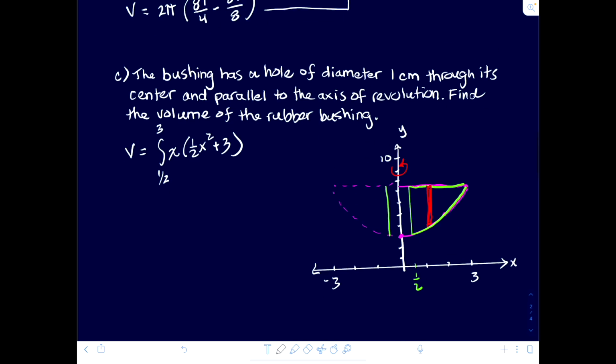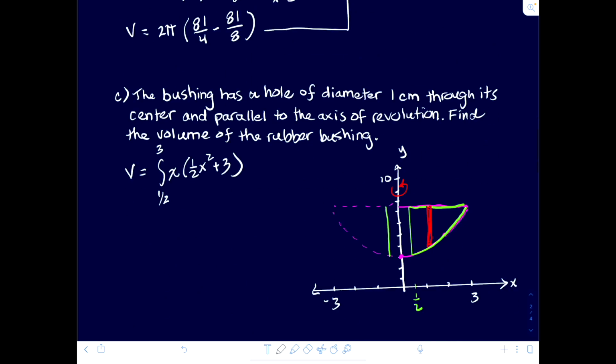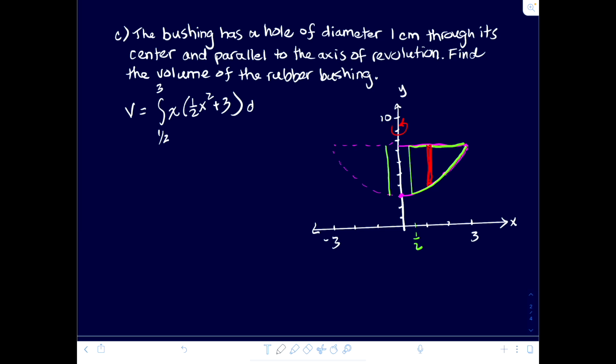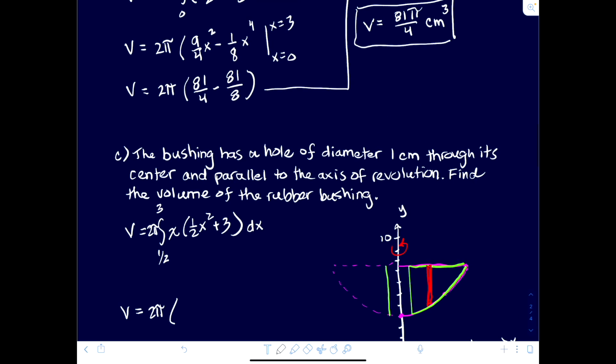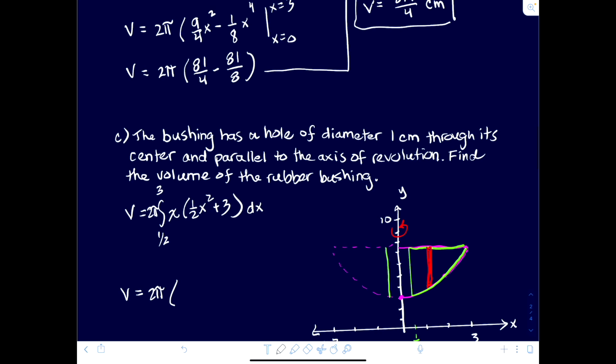I think it was plus 3. Yep. And then dx. We'll get the same antiderivative. And sorry, we have a 2 pi here. So assuming I did that correctly, we will end up with 9/4 x squared minus 1/8 x to the 4th, and that will then go from x is 1/2 to x is 3.